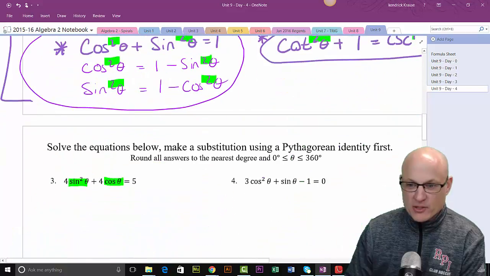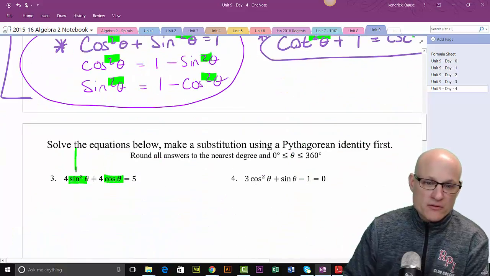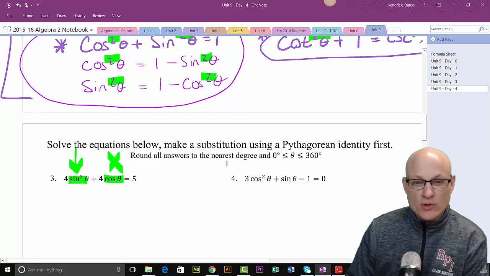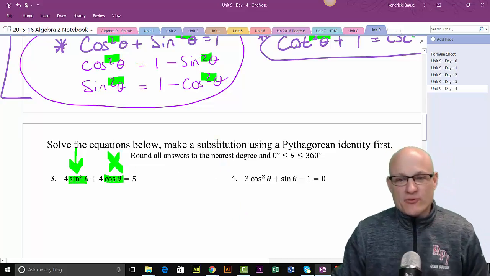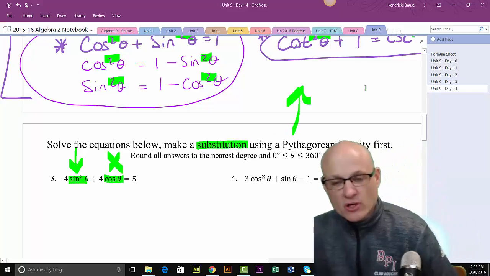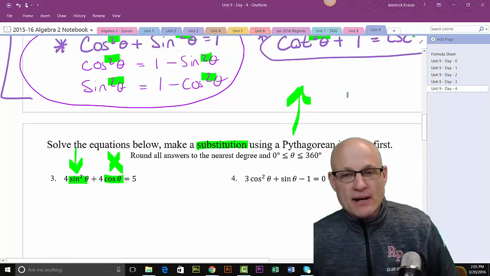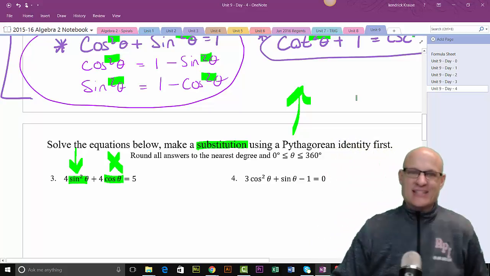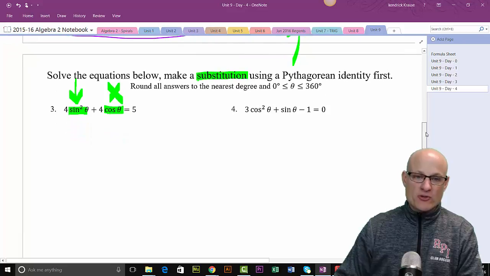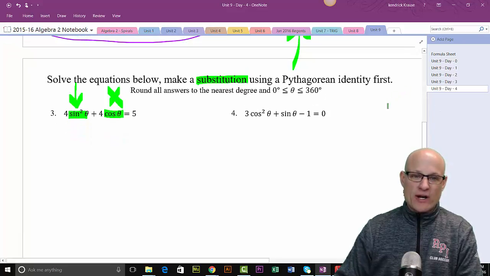I have something to replace squareds with, not regular old cosine. So when we go to make a substitution using one of the identities from the page before, we have to remember that we can only replace things that are squared. I can also replace double angles too, but for the most part, I can only replace things that are squared.